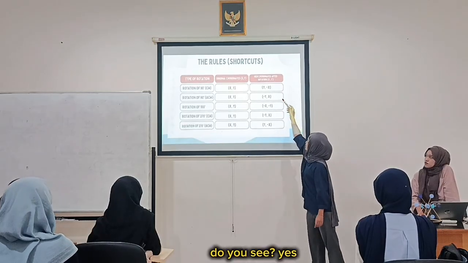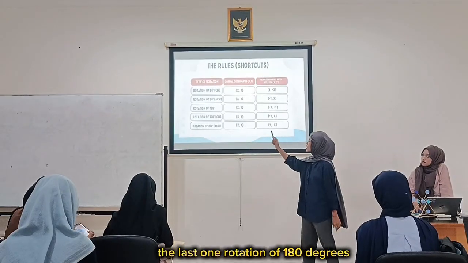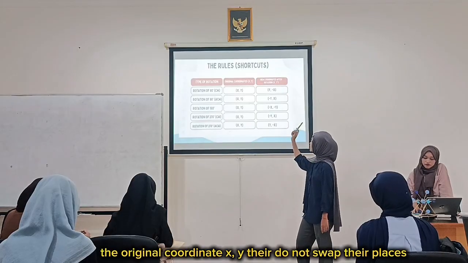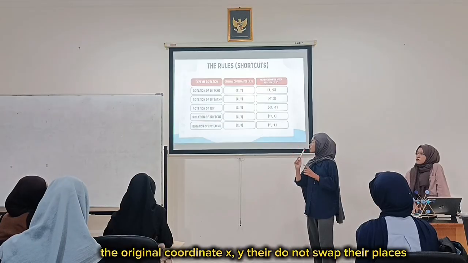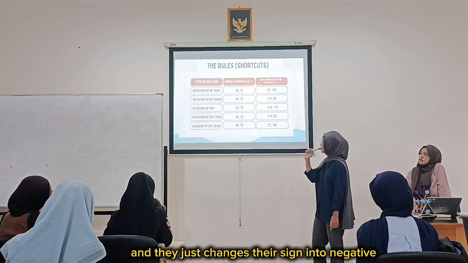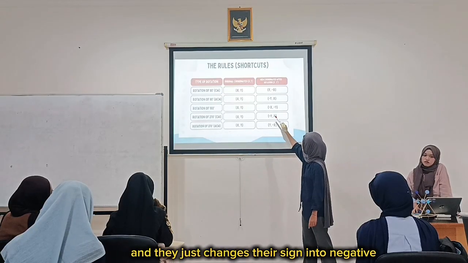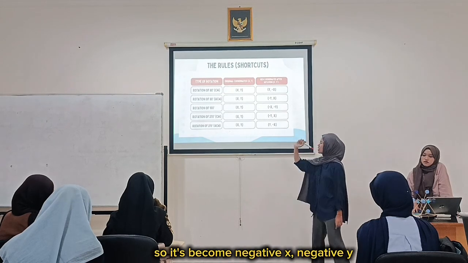Do you see? Yes! Okay, the last one, rotation of 180 degrees. The original coordinates x, y do not swap places, they just change their signs to negative, so it becomes negative x, negative y.